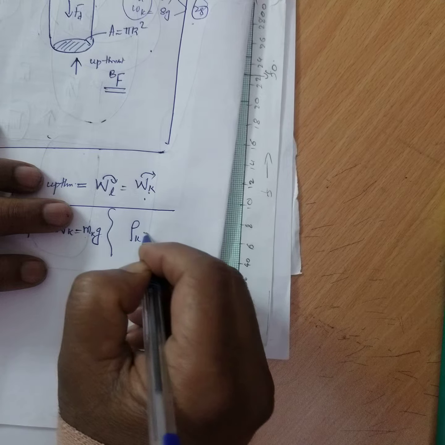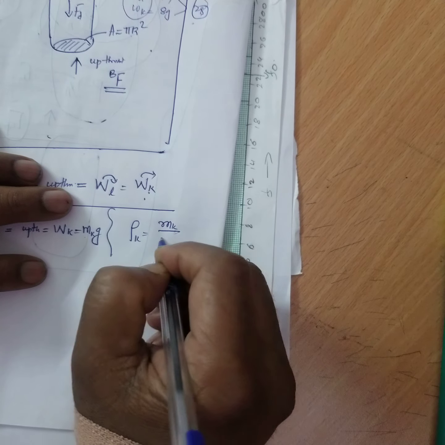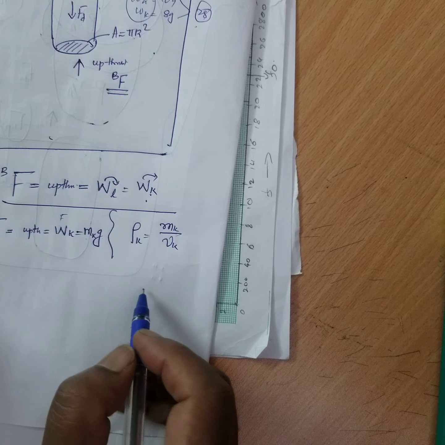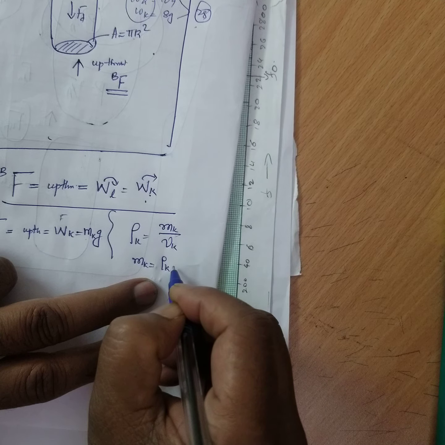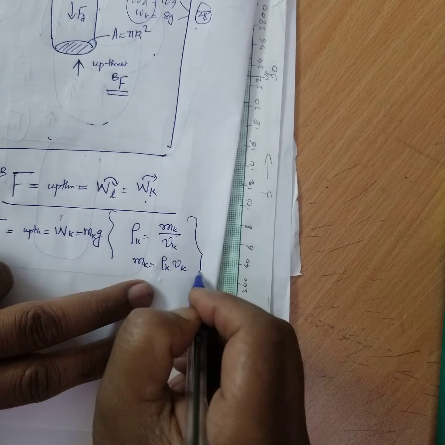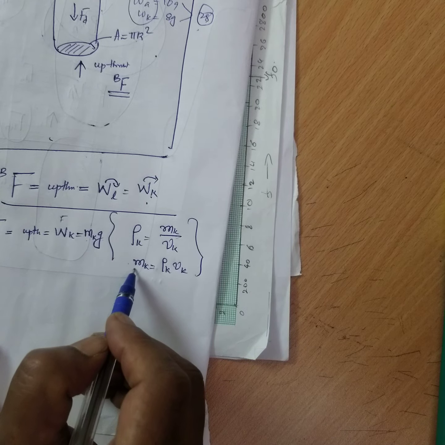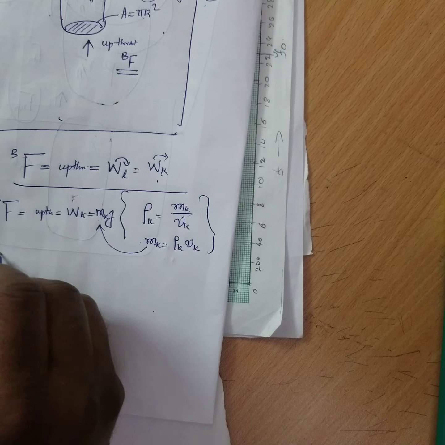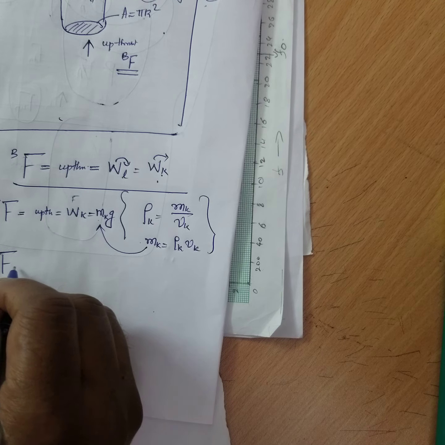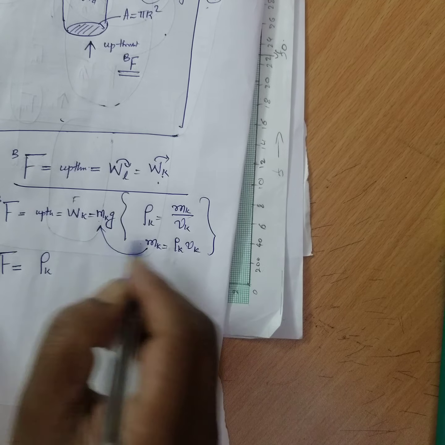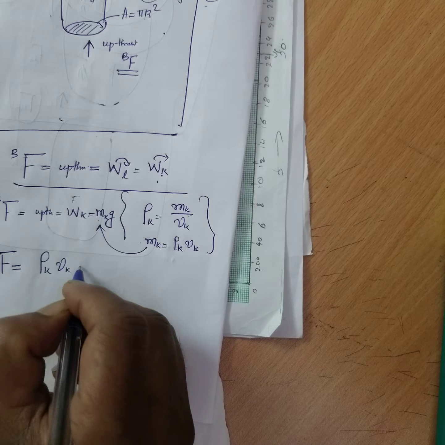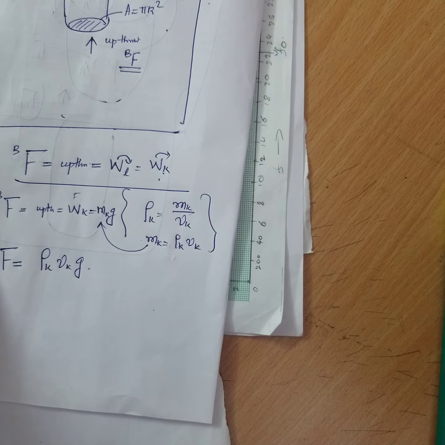Density of the kerosene is equal to the mass of kerosene over the volume of the kerosene. Therefore, mass of the kerosene is equal to density of the kerosene into volume of the kerosene. Can I do this? Then I am substituting here. Therefore, buoyant force is equal to density of the kerosene, volume of the kerosene, g.